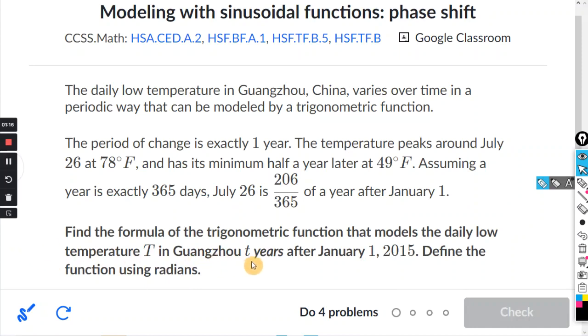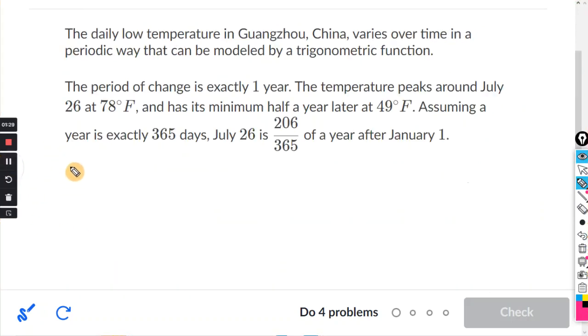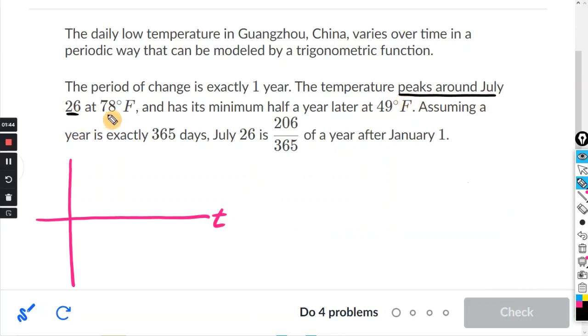Okay, so you want to remember that T is in years when we create our function, and the function is going to be in terms of T as well. All right, so let's do a rough sketch here. And the x-axis is T, probably going to be T for all of these problems. Okay, it peaks around July 26th at 78 Fahrenheit.